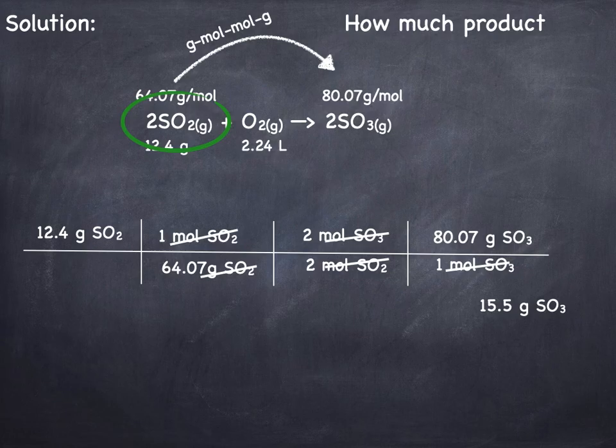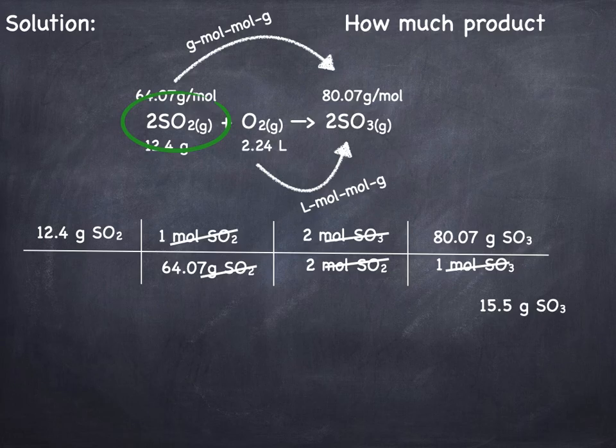If you had not done either of the 2 calculations in the last slide, if you didn't know sulfur dioxide was your limiting reagent, then in order to figure out the amount of product, you could run both calculations to product: sulfur dioxide to product, and oxygen, liters to moles to grams, to your product.